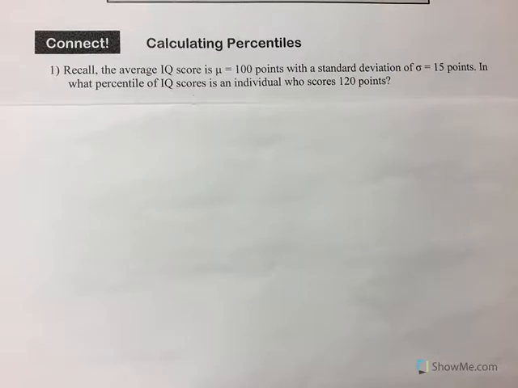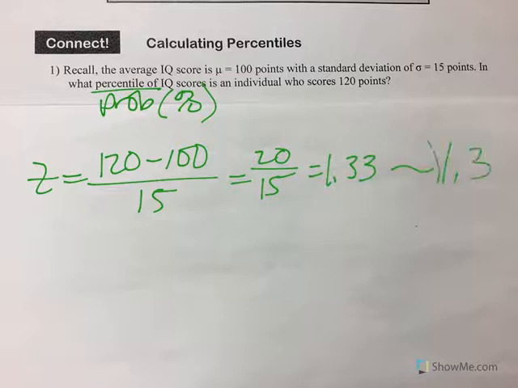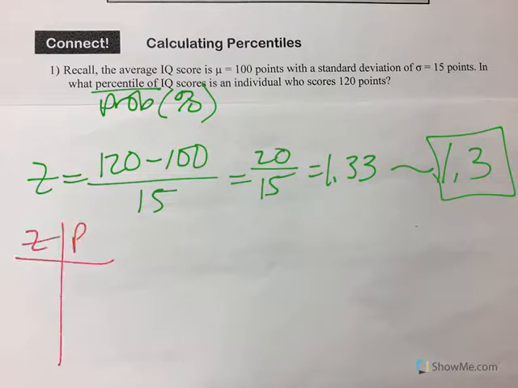So let's calculate some of these. Recall that the average IQ score is 100 points with a standard deviation of 15. What percentile is an individual who scores 120? We're really just trying to find the probability, but you're going to represent it as a percent. So I have to find a z-score: value minus the mean over the standard deviation. 20 over 15 is 1.33, but in my z-score table, it's just 1.3.